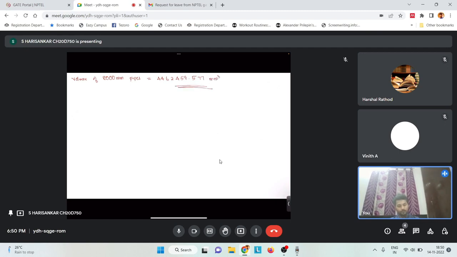So we already found the volume of the PFR as 23427,912.778 millimeter cube. So to find number of such 8000 pipes required, number of pipes required will be this volume of PFR by volume of the 8000 pipe.